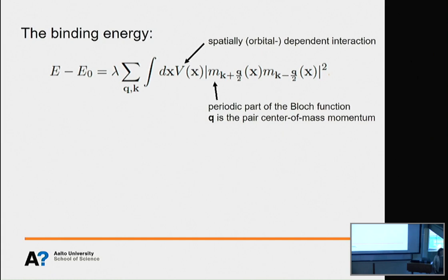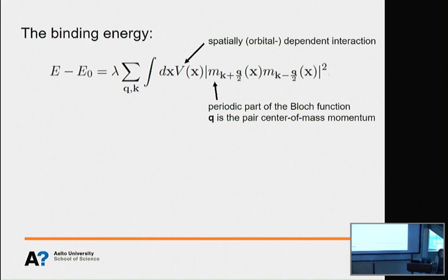It's also related to what I said before: if you have only a single band and you have localized Wannier orbitals, they would have to be localized on one site, and then the interaction would not do anything, unless it's not a local interaction. It's only a local interaction.